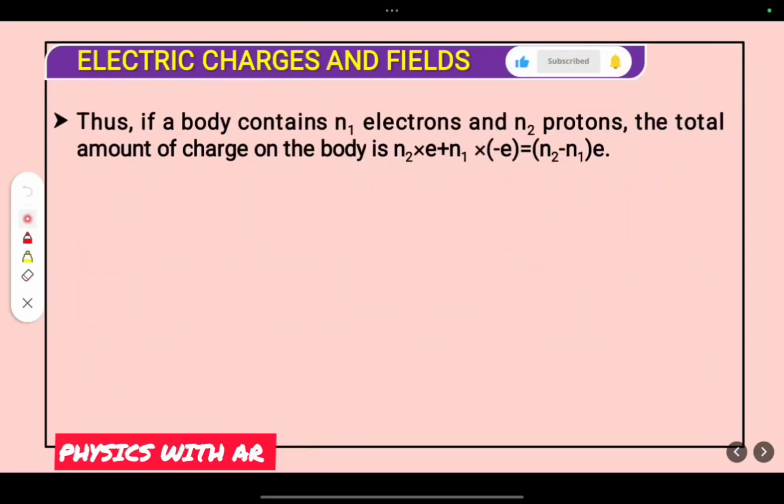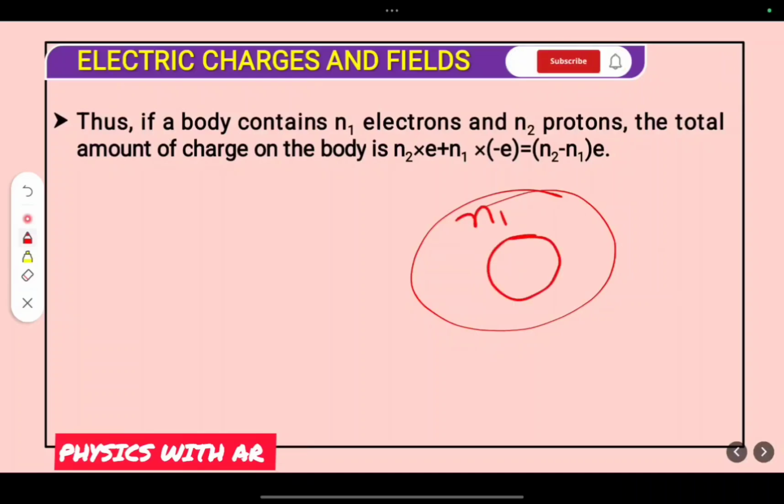Just now I said that charge is quantized. For example, N1 are the electrons, so N1 into E, which we consider negative, whereas for protons it is N2 into E, because electron is negative and proton is positive.